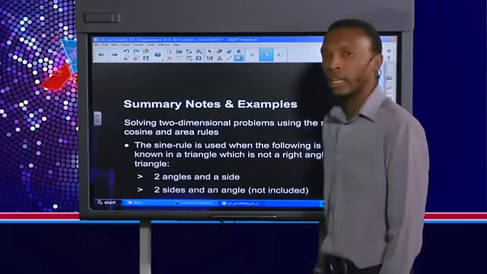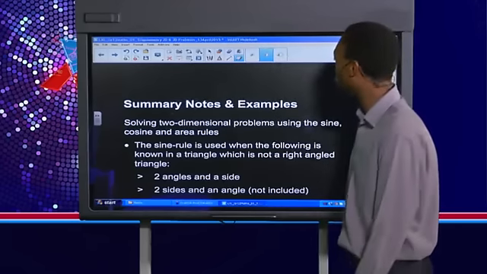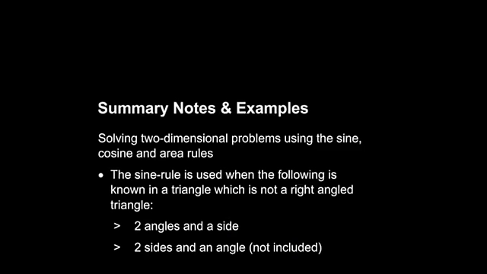Right, so here's a nice summary that's been prepared for you. We'll be looking at solving 2D problems using the sine rule, the cosine rule, as well as the area rules.